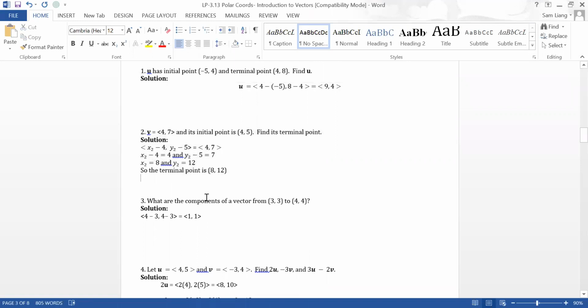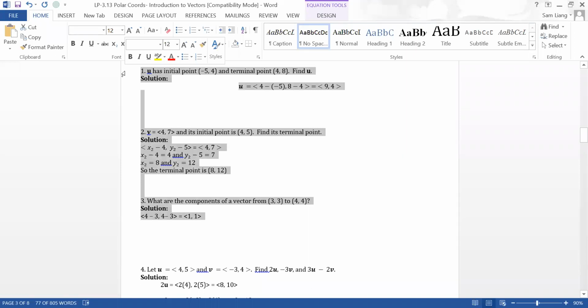For question 3, this is pretty simple, just components of a vector from 3, 3 to 4, 4. So just 4 minus 3, and then comma 4 minus 3. So this would become 1, 1. Okay, I'll give you a sec to copy these questions down, and then we'll move on to 4 and 5.